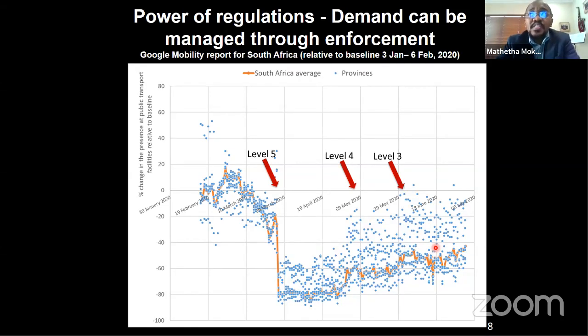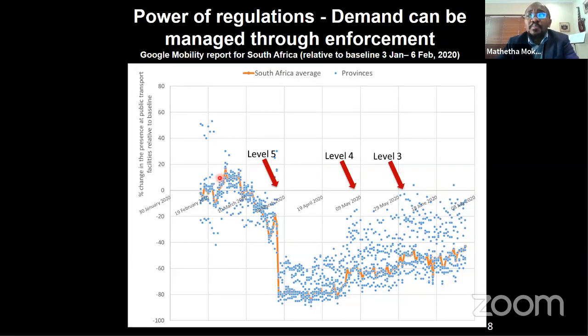This is a picture that emerged out of the Google Mobility Report for South Africa. It shows the presence of people around what could be considered public transport facilities, relative to what happened between 3 and 6 January. So the baseline is 3 to 6 January, and what has changed relative to that period.